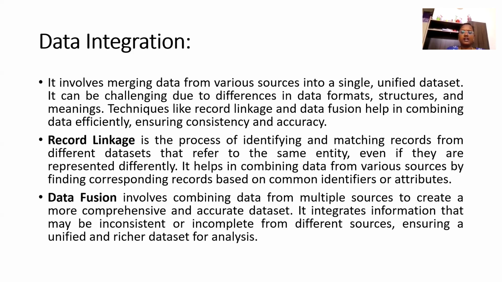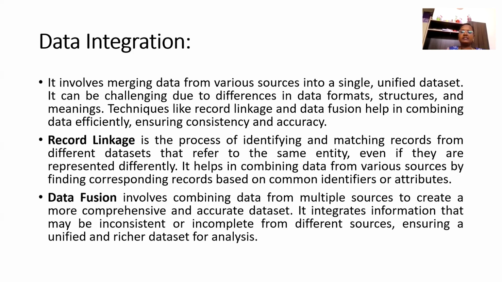So techniques like record linkage or data fusion help us combine data efficiently, which will ensure consistency and accuracy. Record linkage is the process of identifying and matching records from different data sets that refer to the same entity, even if they are represented differently.